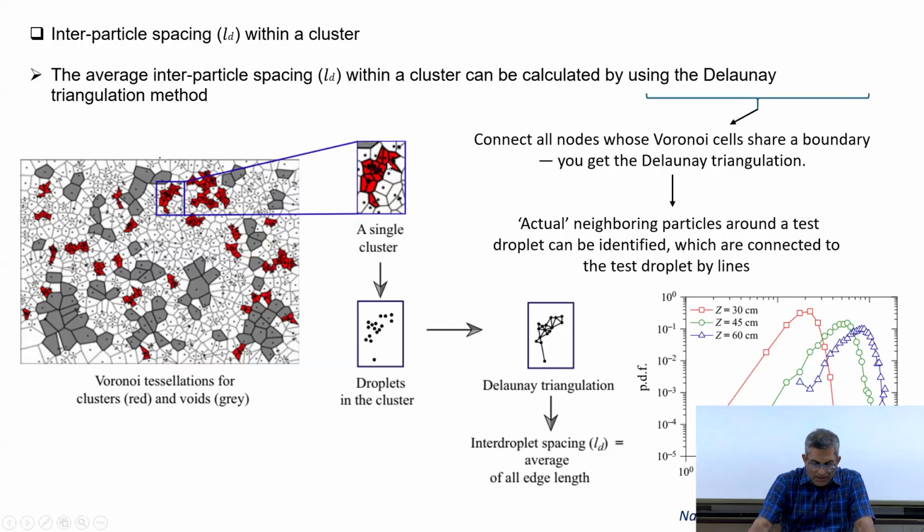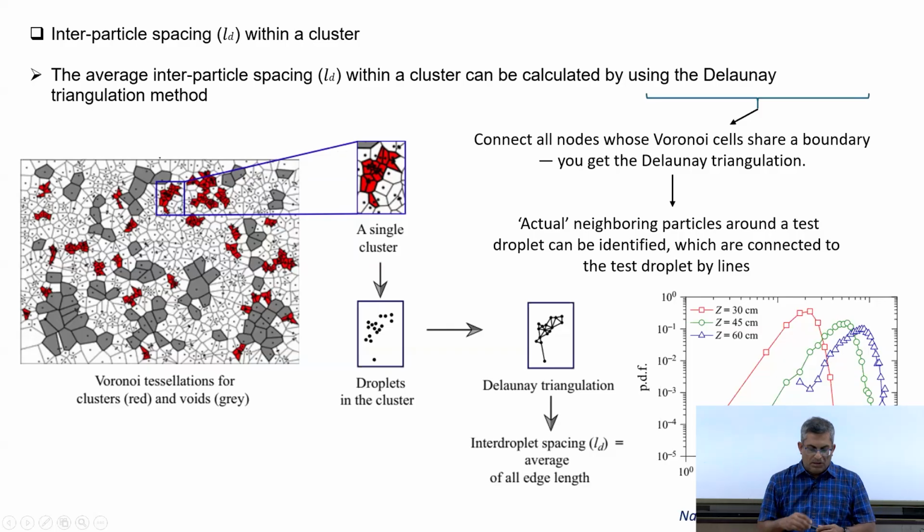For instance, if we consider this cell, you can connect this node to this one, this one, this one, this and this. So, you connect the nodes only to those nodes whose cells share a boundary, and these actually define the actual neighboring particles around a test particle.